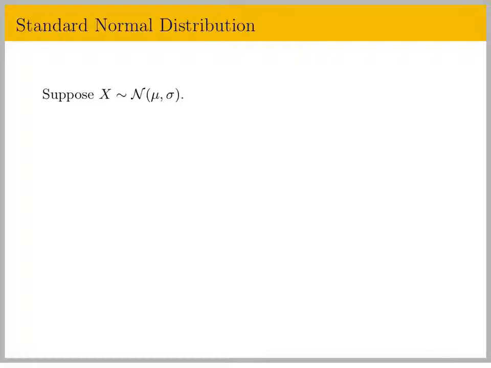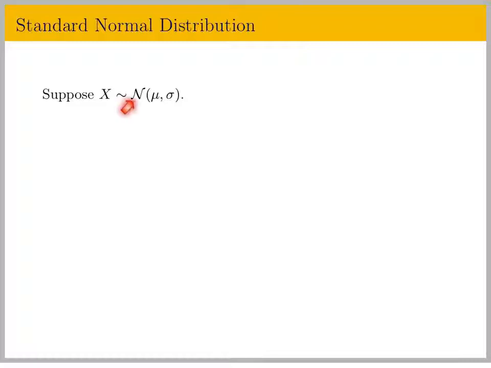Now in notation, we will say X is a normal random variable, and we will use this tilde to say that it's distributed as, and then the N says a normal, with the parameters mu and sigma, which, as I mentioned on the previous slide, fully define that normal distribution, mu being the mean, sigma being the standard deviation.